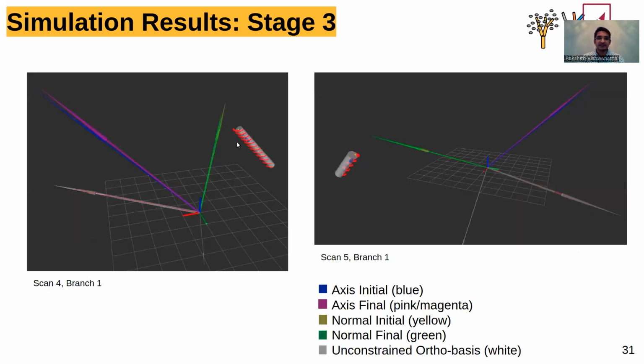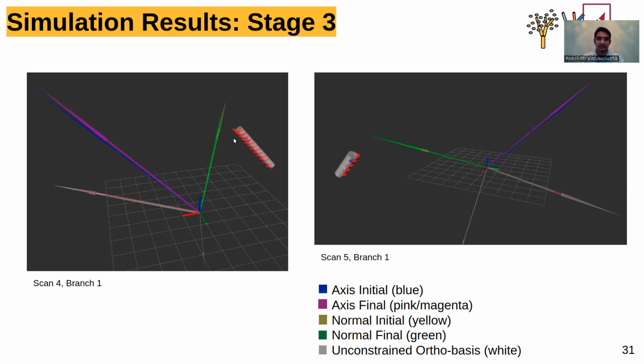For each of these branch segments, cylinders were fit, and the blue vector represents the initial estimate of the axis of the cylinder. The green represents the initial estimate of the normal vector for the cylinder.